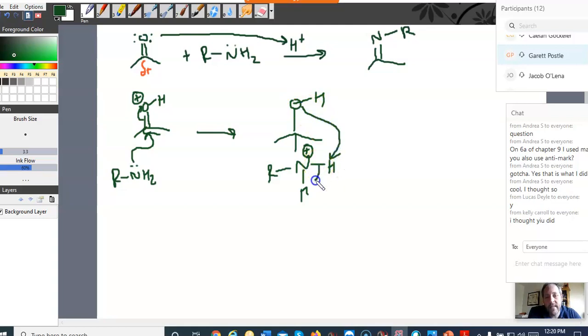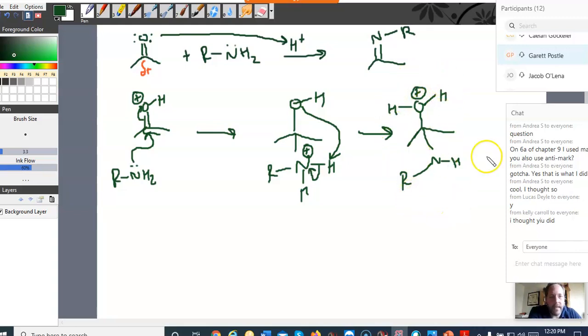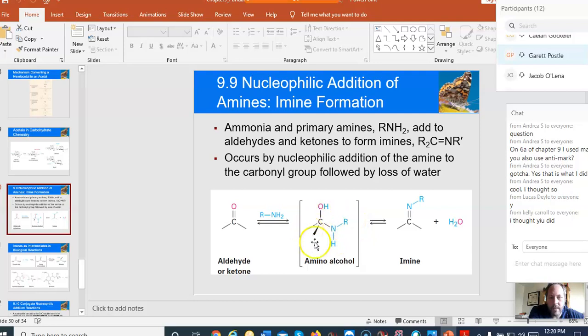We saw the same exact step yesterday when we talked about the acetal and hemiacetal. These steps are identical, except in this case I have a nitrogen instead of an oxygen. Instead of two oxygens, I have an oxygen and a nitrogen. All right, so if you look at this intermediate, I know it looks a little different, but that intermediate looks very similar to this one that we have here, except I have the extra hydrogen on this OH.